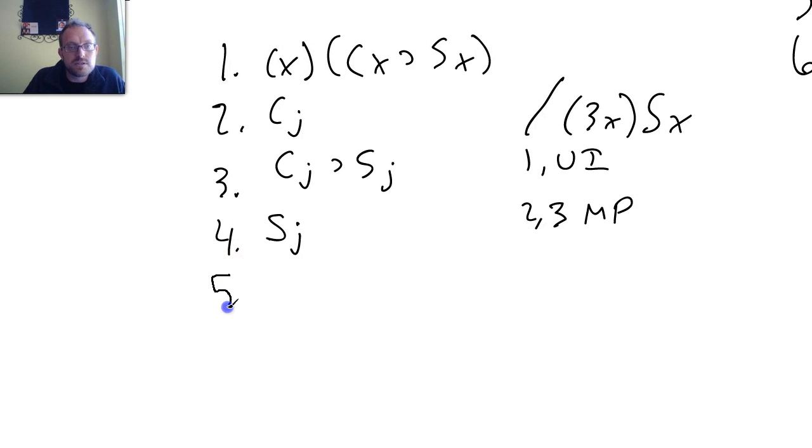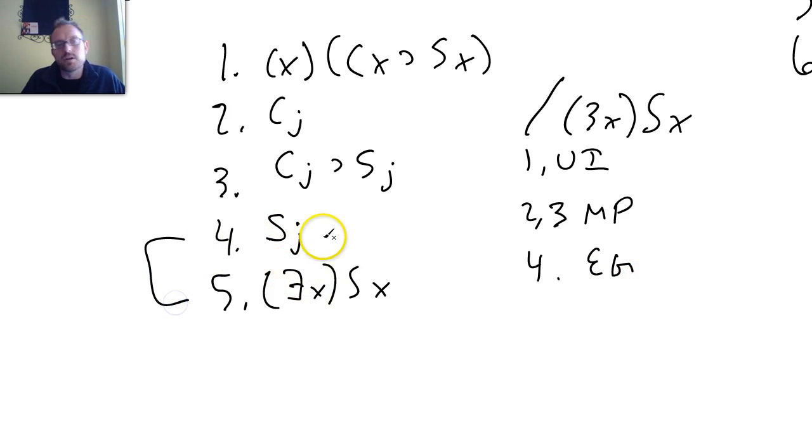So line 5 is pretty simple: ∃x Sx, from line 4, existential generalization. Okay, and why does this work? Because if I say that Jose is a scary person, that means that there's at least some people in the world who are scary, and that's what this statement says. This says some people are scary, really. And so that's what allows us to do this problem.